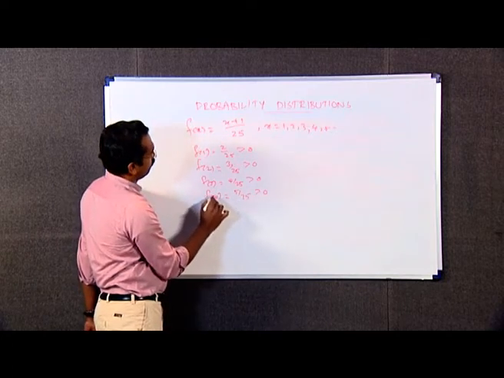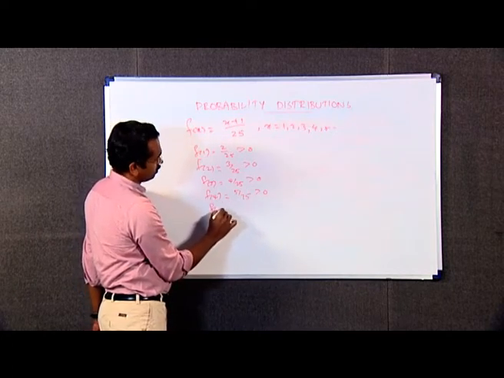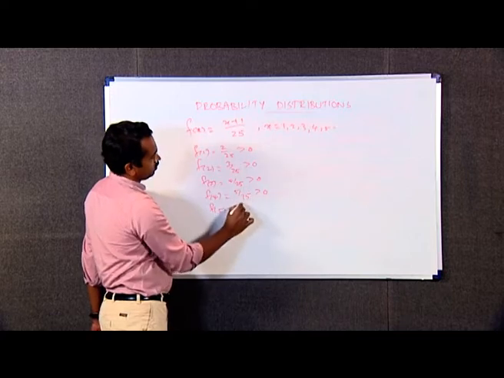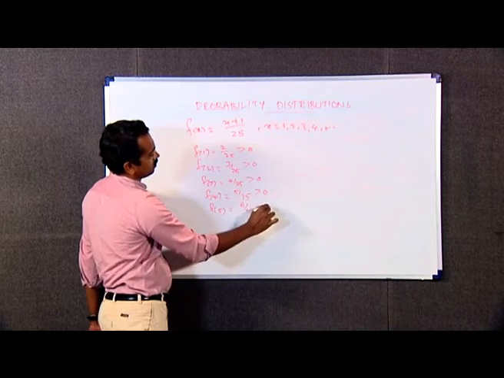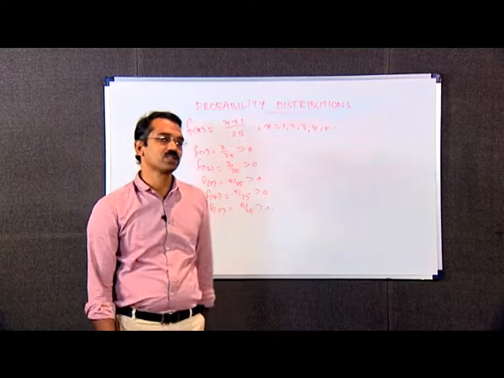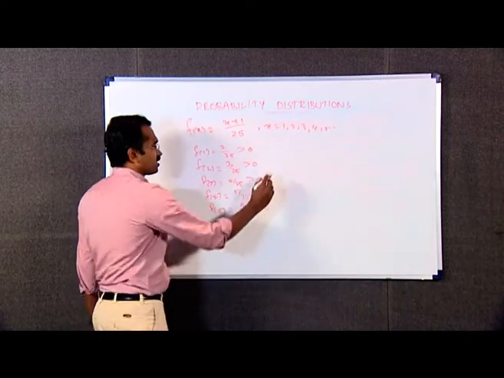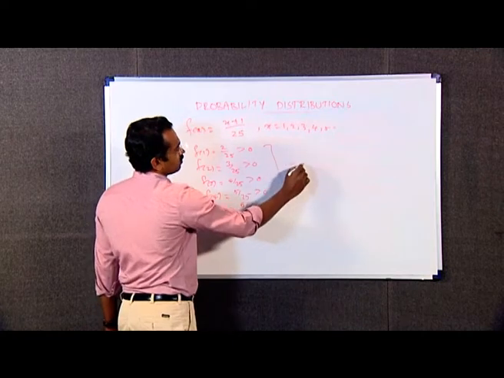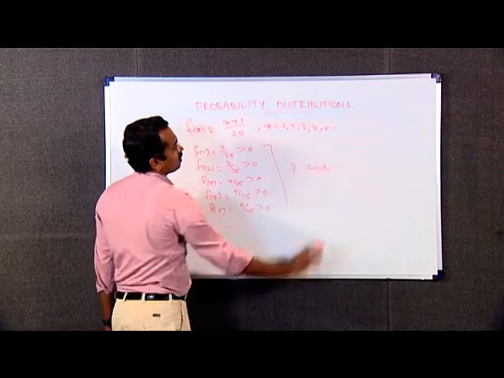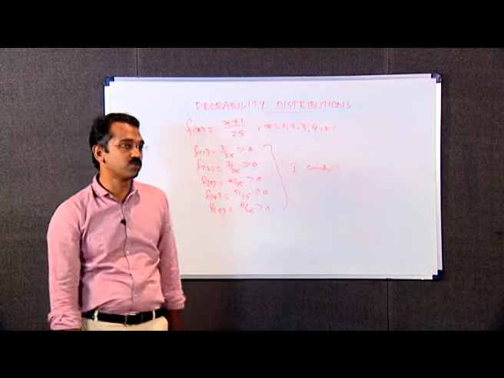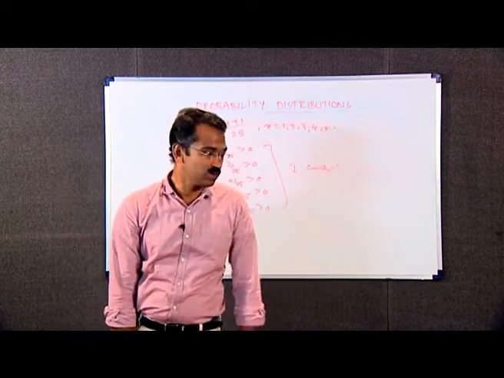And f of 5 is equal to 6 by 25, greater than 0. That is, f of x is greater than 0 for all values of x. The first condition for a probability mass function holds.